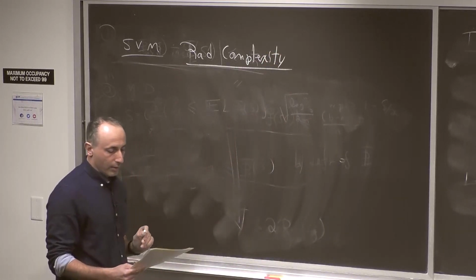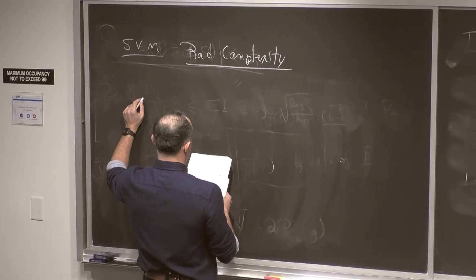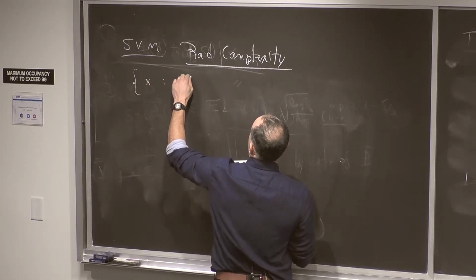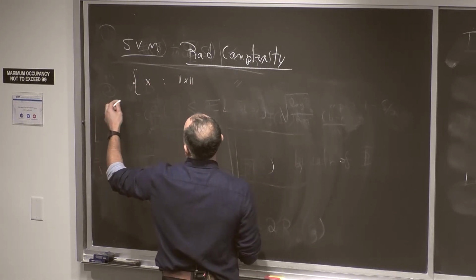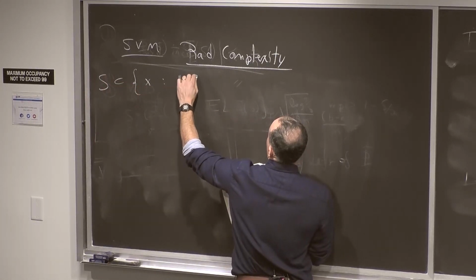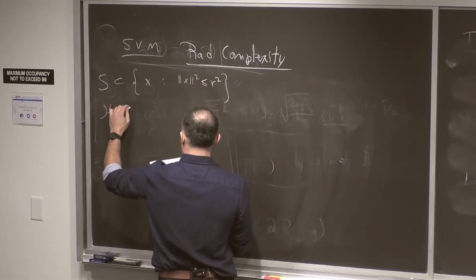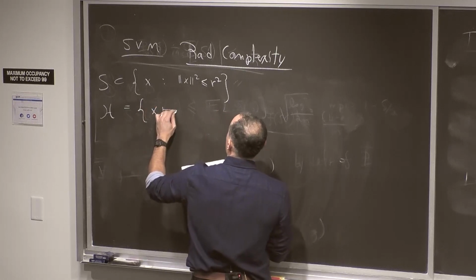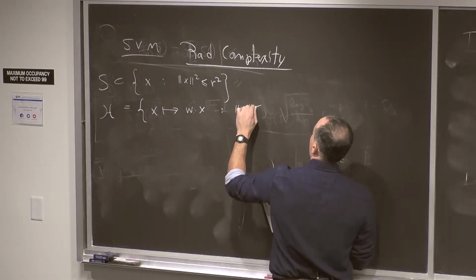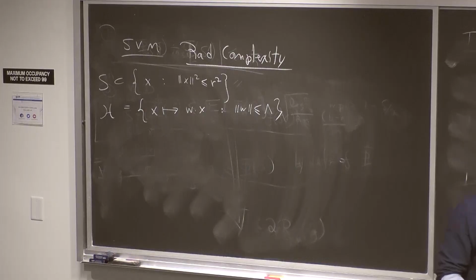We're assuming that our data set S is always contained in this ball, and our hypothesis space is just these linear functions that are bounded by a certain constant.